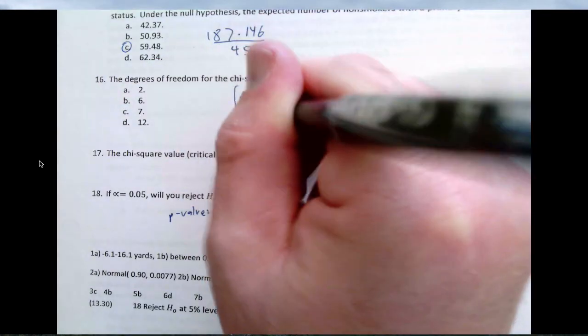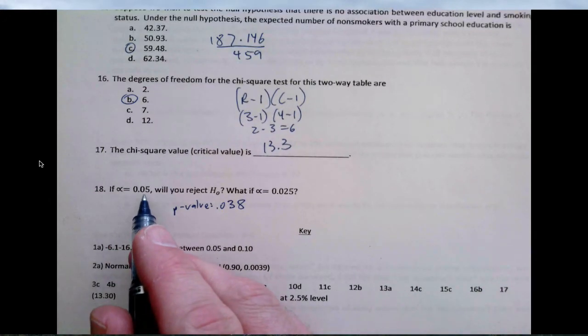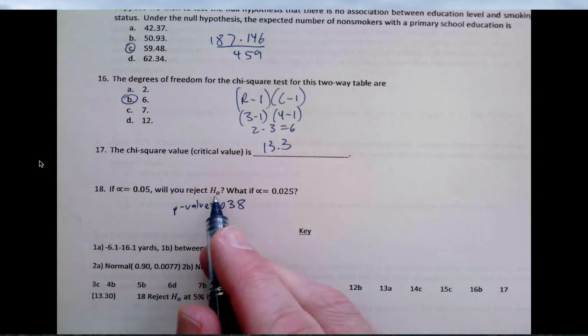Degrees of freedom is going to be r minus 1 times c minus 1. The number of rows was 3. The number of columns was 4. So this is going to be 2 times 3, which is 6 degrees of freedom. If alpha equals 0.05, will you reject the null?